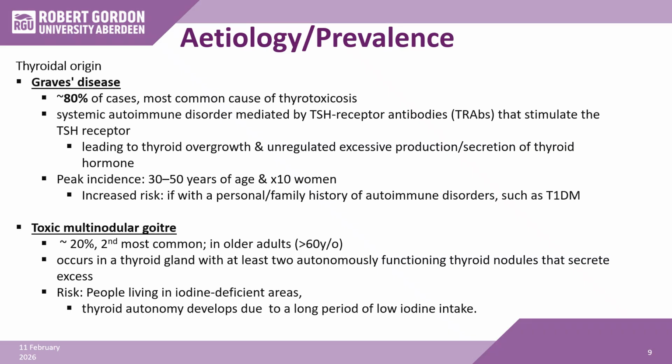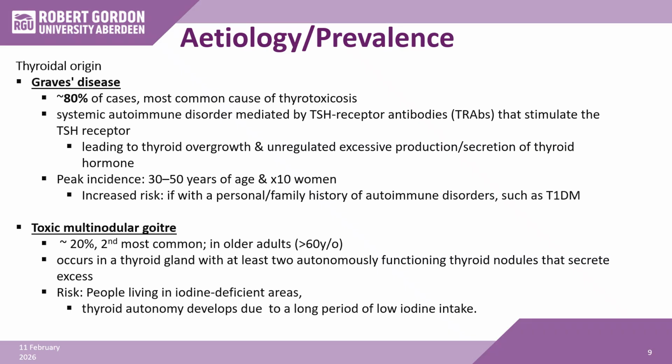It peaks between ages 30 to 50, and it's 10 times more common in women. There's an increased risk if there's a family history of other autoimmune disorders such as type 1 diabetes, and that's why sometimes we see this presenting in our patients with type 1 diabetes.